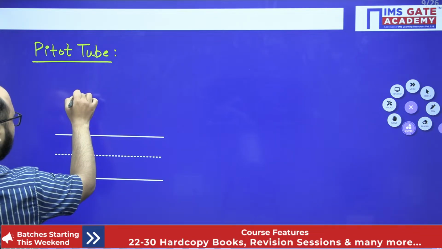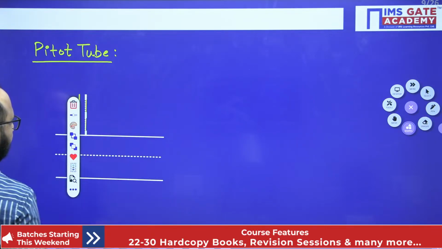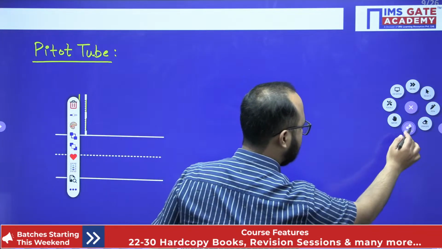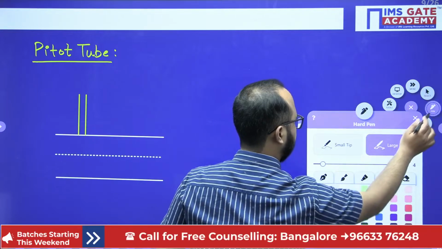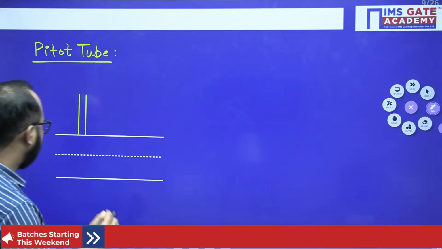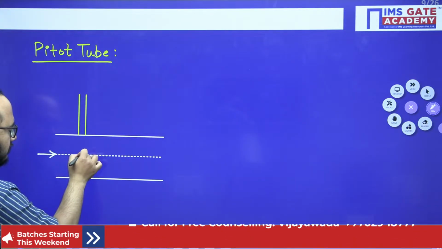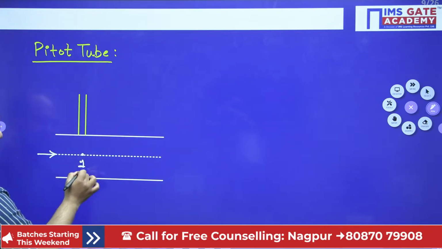Simple piezometer I have attached, like this. Now try to understand, very important point. As the fluid is flowing here, let's suppose this is point 1. I am assuming.